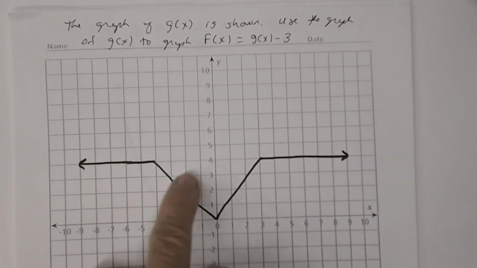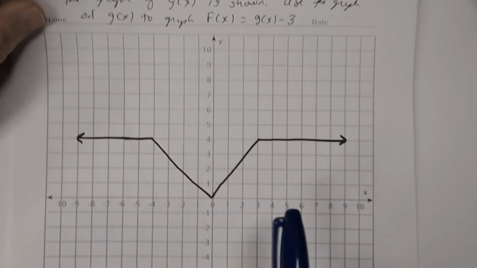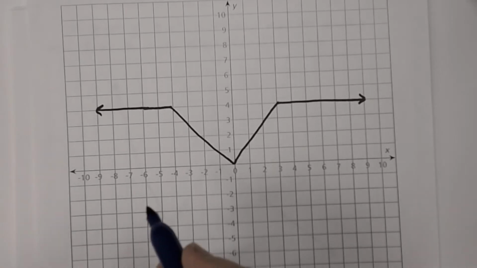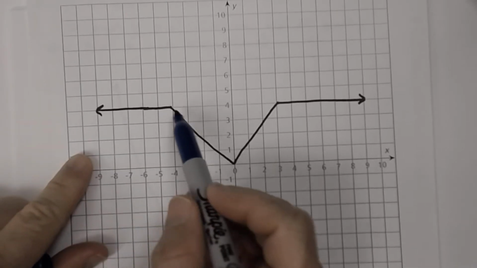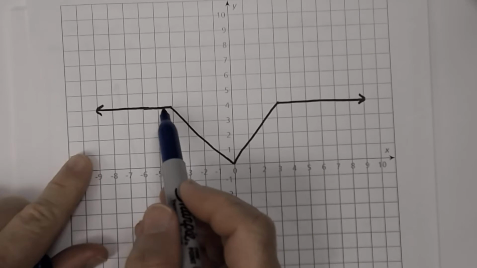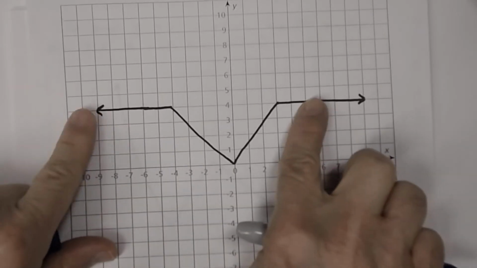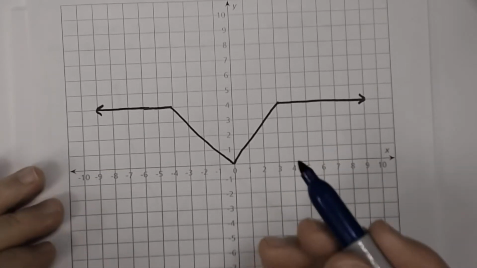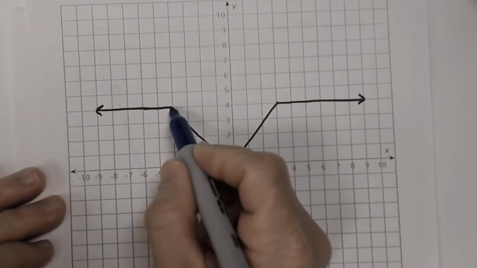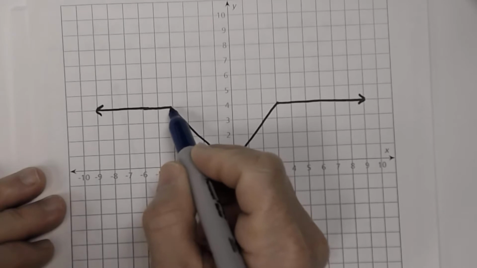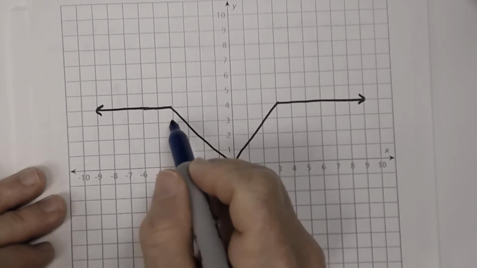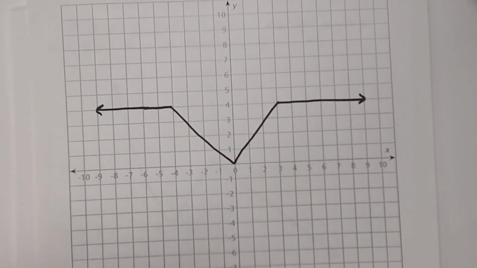But you really don't have to know anything about the y coordinates, because all you're doing is shifting it down 3 units. I would take some points on each of these, and these are all segments here, and obviously these are rays, the ones with the arrows. You have 2 segments and 2 rays. I would see where these two meet right here and shift that point down 3 units.